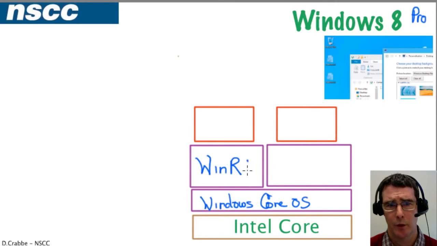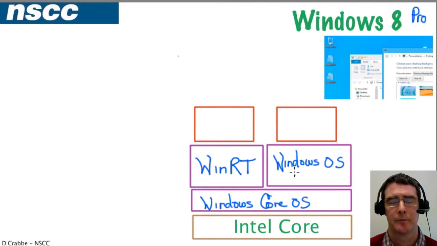Don't confuse that with Windows RT. This is a WinRT component, which is part of the Windows 8 operating system. And then we have the traditional Windows OS component here.